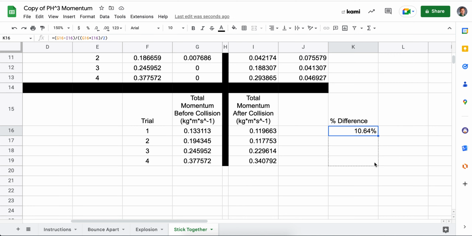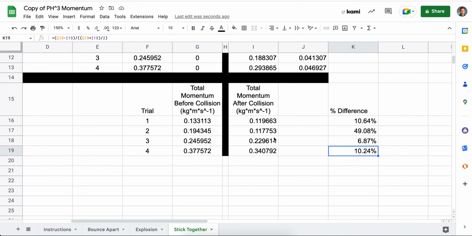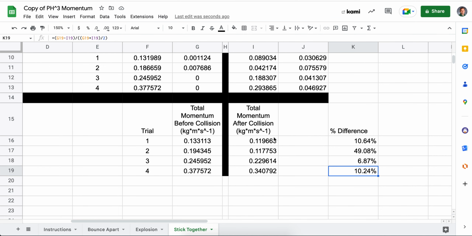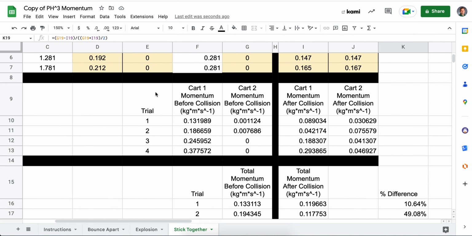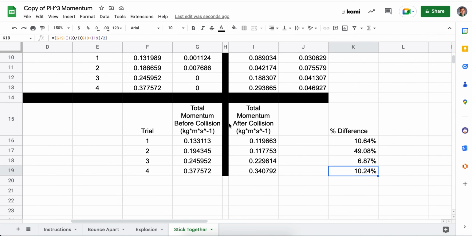Now not all of them are going to be good. We could predict this one, just based on the natural differences, that's not really good. But all the other ones, 6%, 10%, that's really good in terms of the values that I collected. What we're going to use this for is just helpful practice of how I can manipulate data in a spreadsheet and how I can see whether this data supports the concept of momentum being conserved.